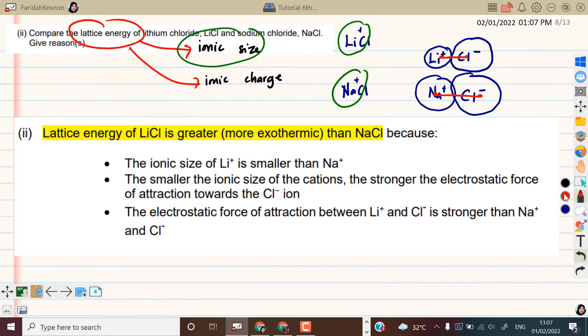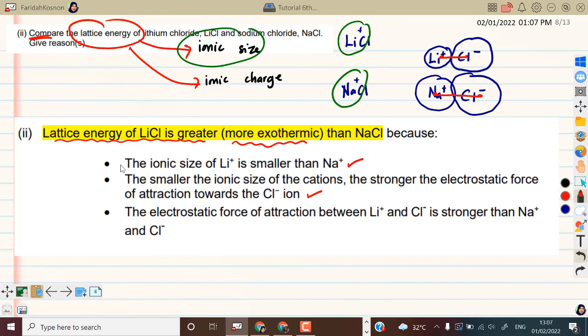Okay, so lattice energy of lithium chloride is greater ataupun more exothermic than sodium chloride because, we have to compare the size because the keyword in the question is compare. The ionic size of lithium ion is smaller than sodium ion. The smaller the ionic size of the cations, the stronger the electrostatic force of attraction toward chloride ion. So kalau size lithium ion tu lagi kecil, so what? Inilah dia.